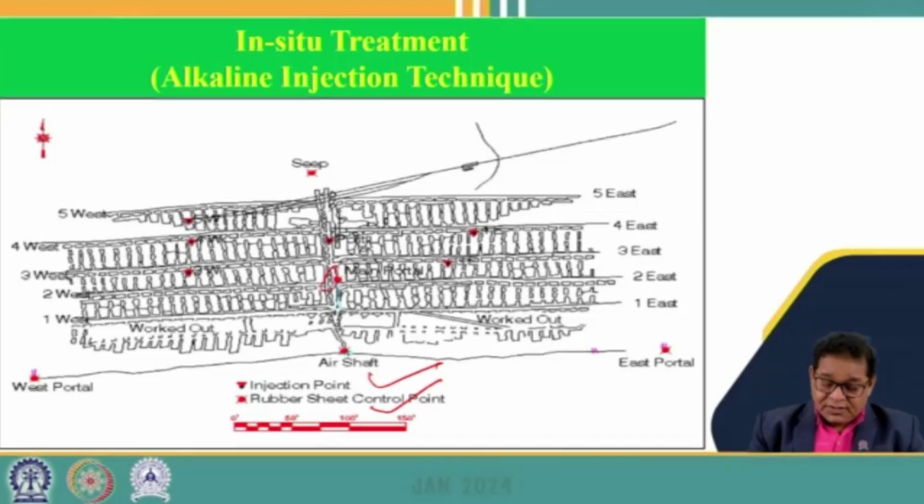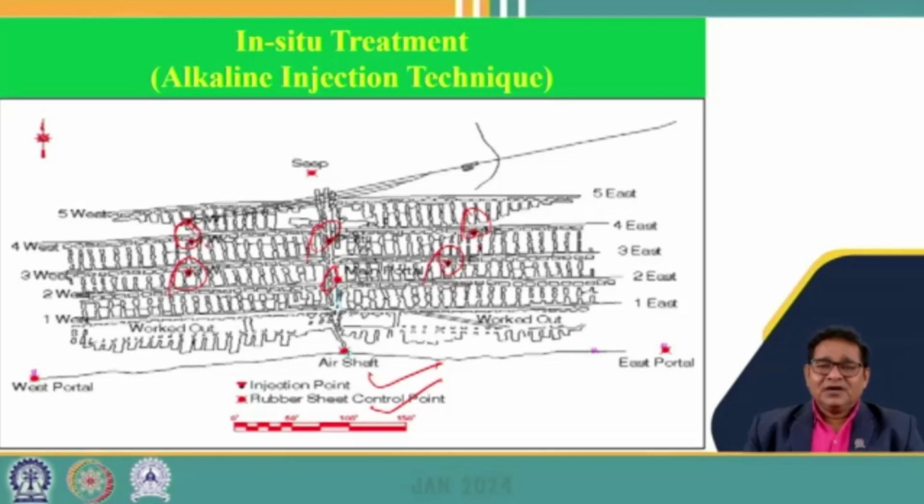So the coal combustion residue, in the form of slurry, is injected under very high pressure inside the underground mines where the acid mine drainage problem occurs, which ultimately creates a buffering zone that increases the pH of that zone and finally neutralizes the water in contact with it. So that is the in situ treatment technique adopted for the treatment of acid mine drainage.